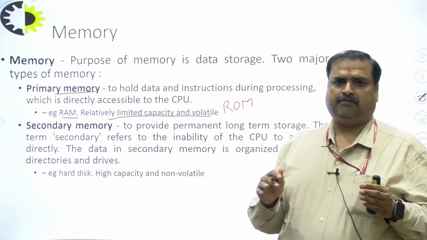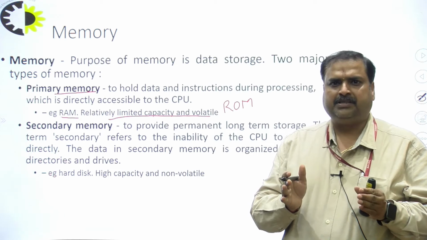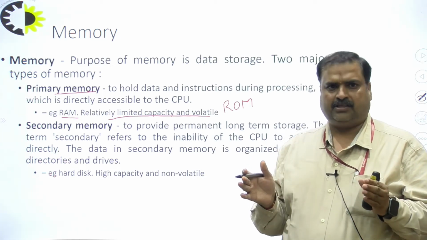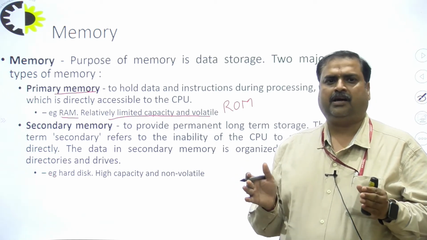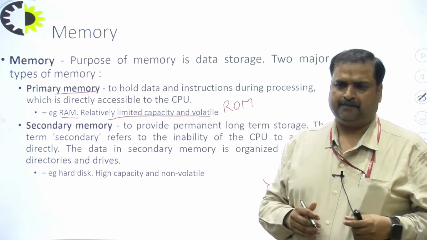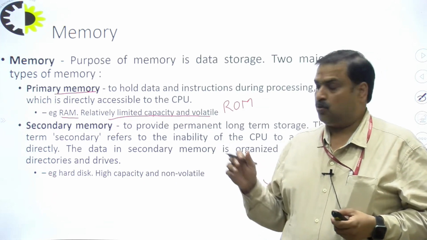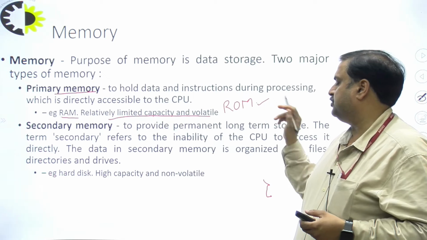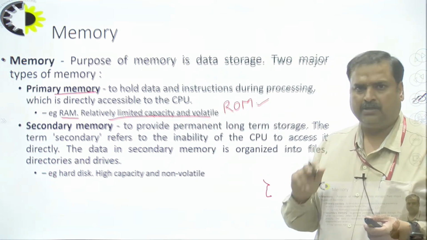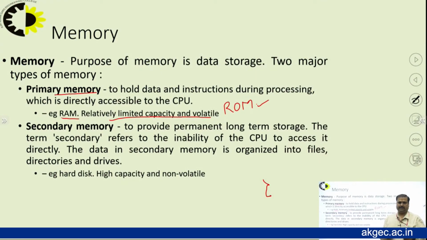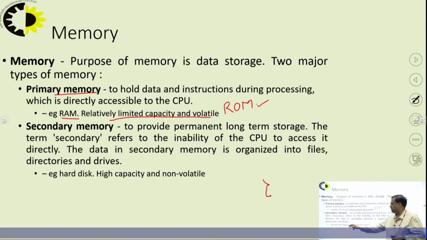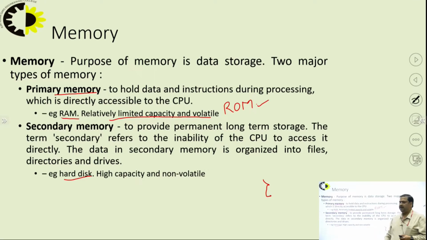Such memory which is limited in capacity and generally volatile is termed primary memory. ROM is a primary memory which is not volatile, but limited in capacity.